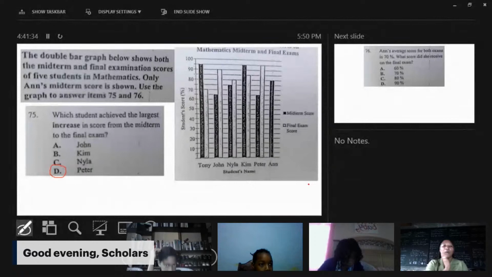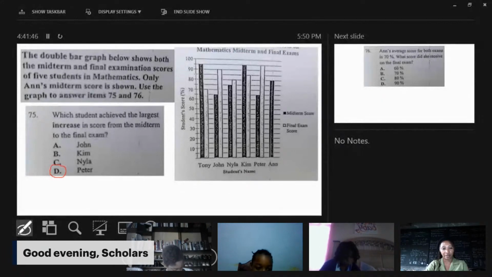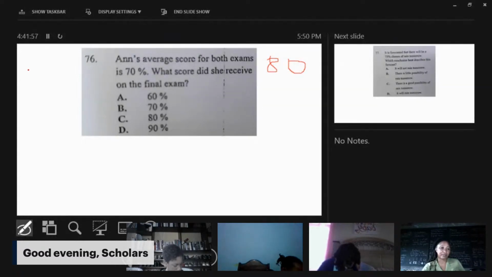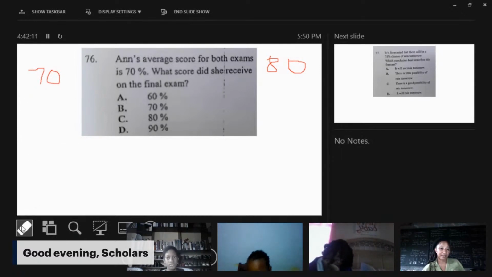She scored 80 in the midterm, right? Her average for the 2 exams is 70%. So her total for both exams would be 70 times 2, because it's 2 exams.